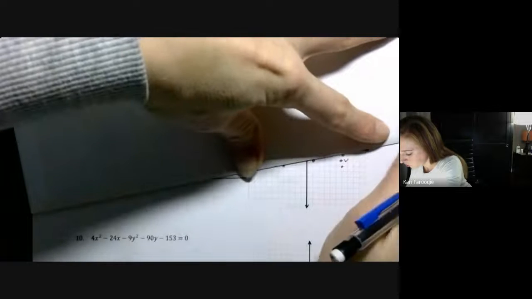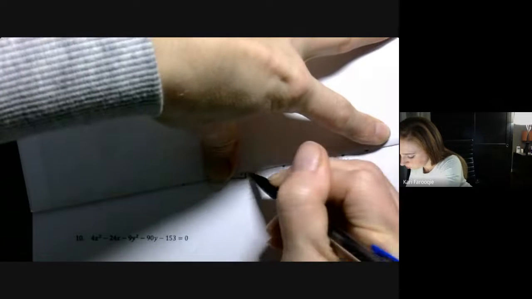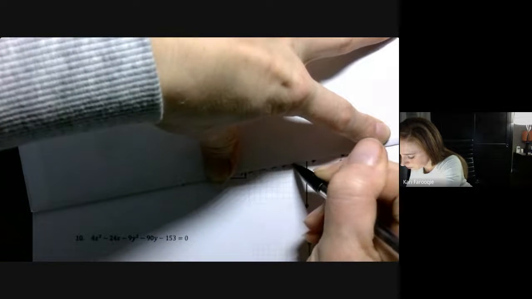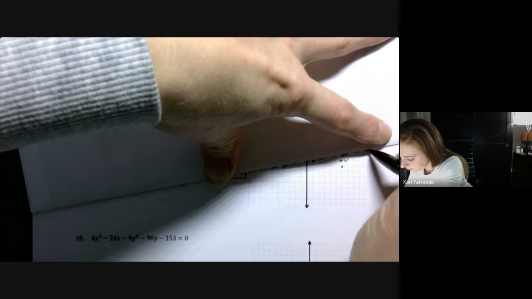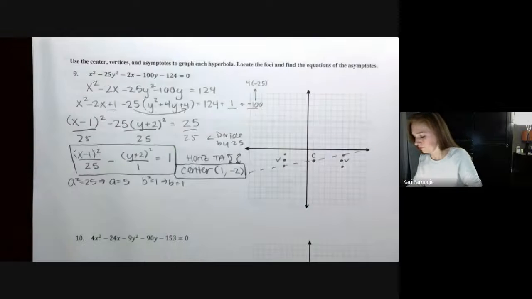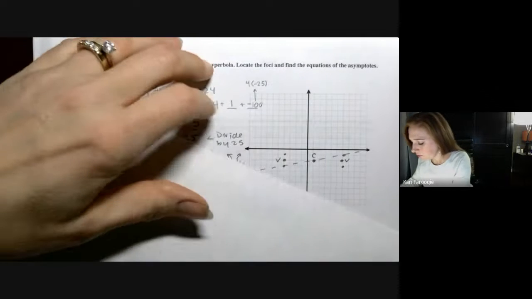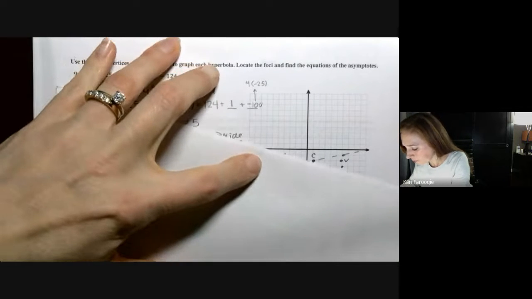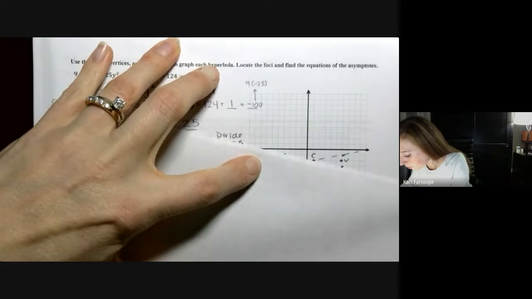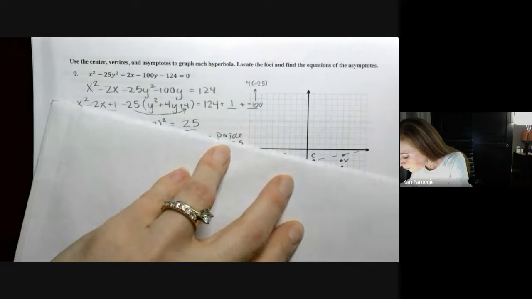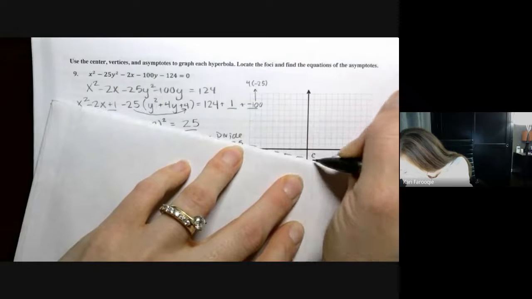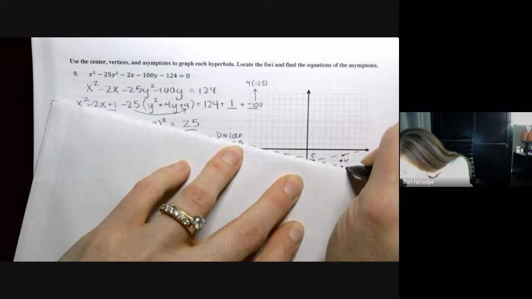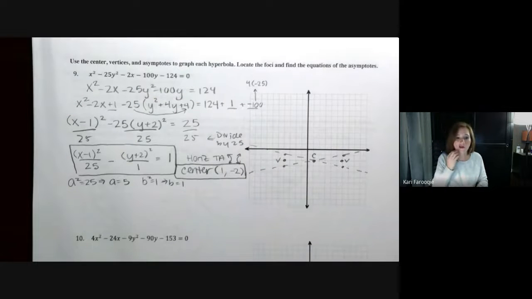And do the best you can to make your asymptotes the correct slope. Here's one of them. And there's the other one.